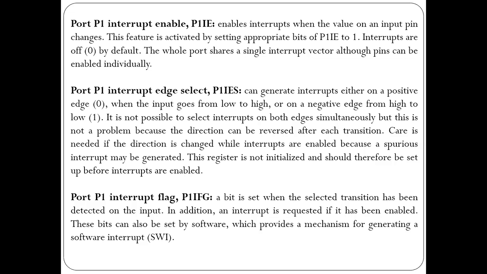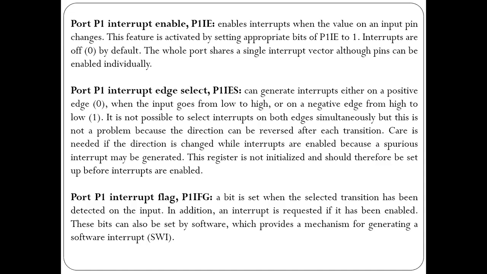And to deal with the interrupt, we have 3 controlling registers called IE, IES, and IFG. IE, interrupt enable: whether an interrupt from the particular peripheral is to be enabled or disabled, executed or not executed, masked or not masked, is decided by this IE.